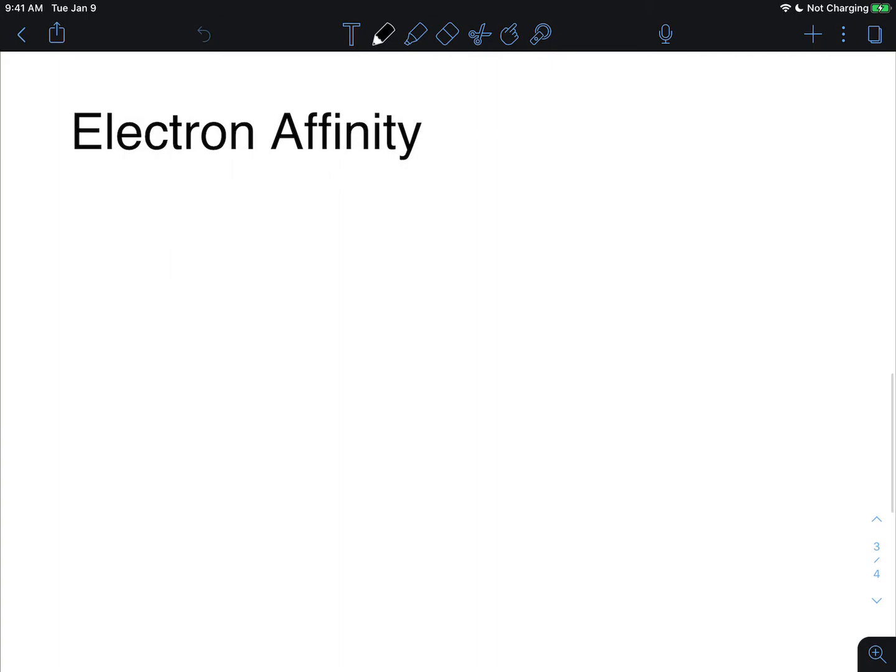So electron affinity is what it sounds like. It's the affinity of an atom for an electron.